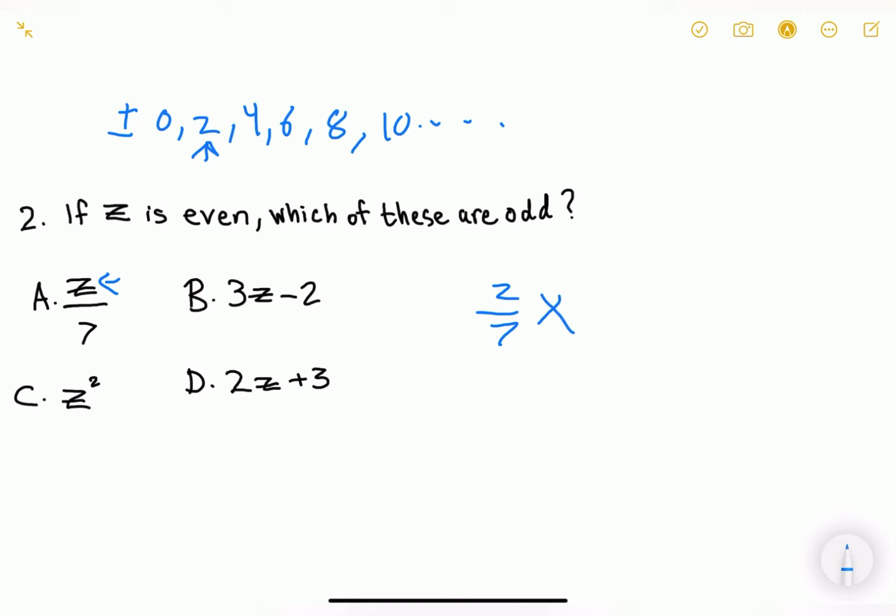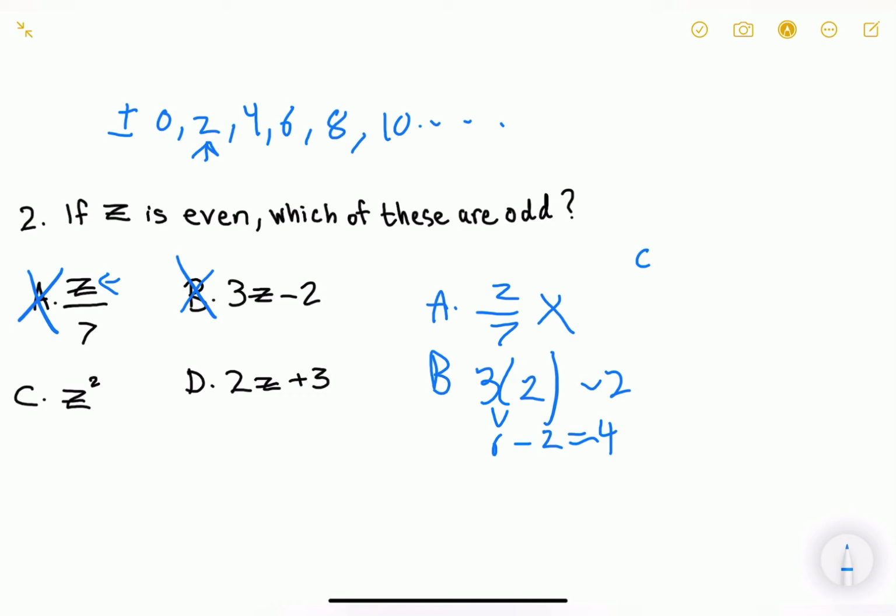No, because it's a fraction. So that's A, and A is wrong. Let's try B. B is 3 times 2 minus 2. What is 3 times 2? 3 times 2 is 6, minus 2 is 4. That's still even, so that's a no.